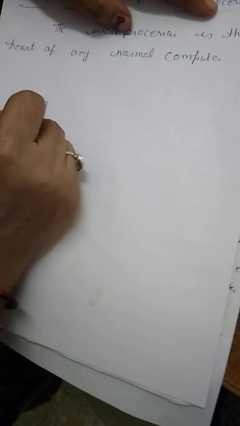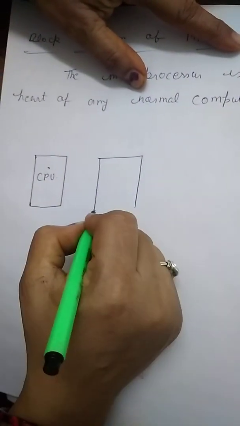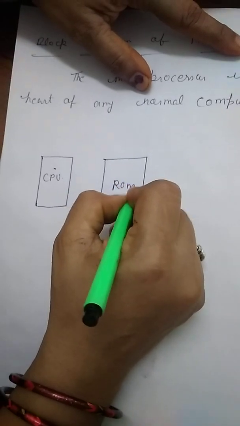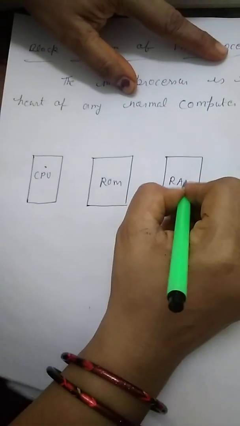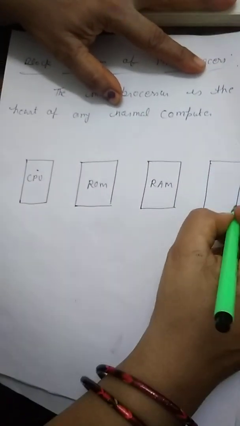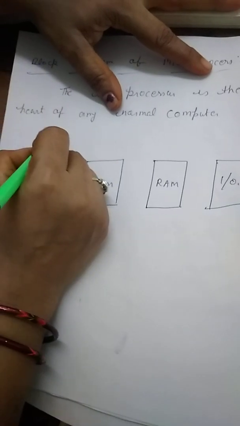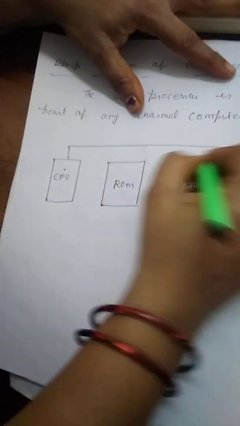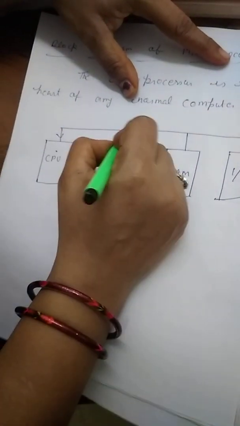First of all, there is CPU, there is a ROM, there is a RAM, and this is the input output device or input output port. These four are interconnected.